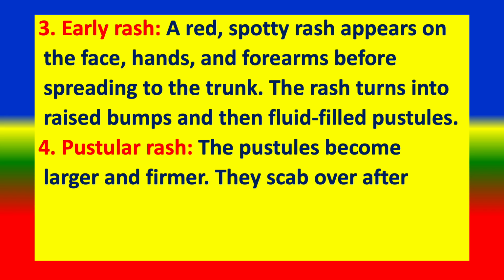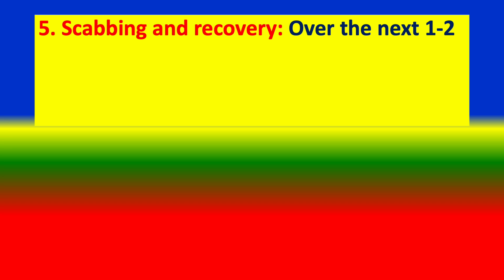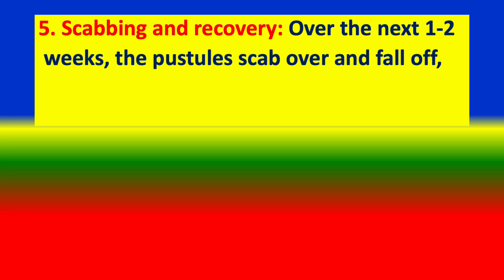The pustules become larger and firmer. They scab over after about 8 to 9 days, leaving deep pitted scars. 5. Scabbing and recovery. Over the next 1 to 2 weeks, the pustules scab over and fall off, leaving scars.